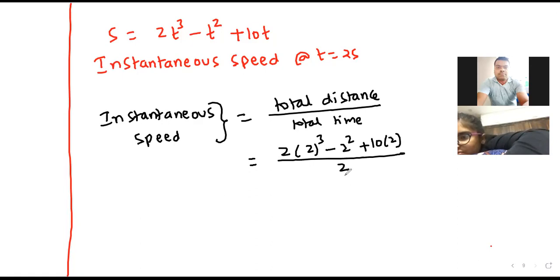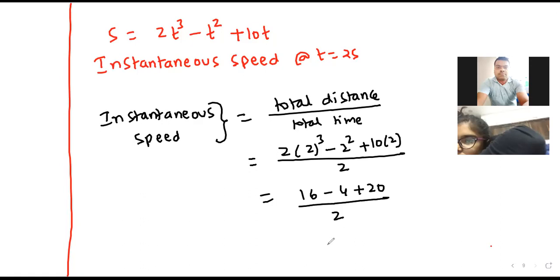So 2 into 2 cube is 16, minus 4, plus 20, by 2. That is 16.